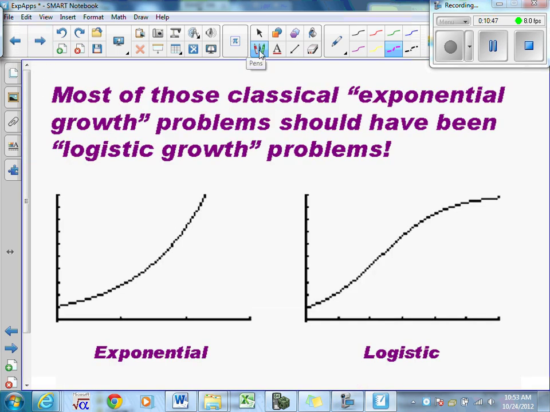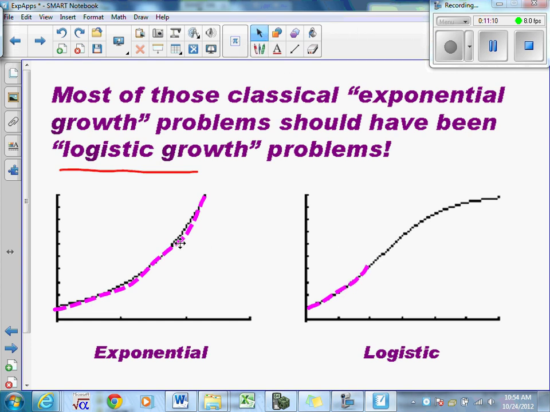Most of those classical exponential growth problems should really be not exponential growth, but logistic growth. And you notice here, exponential growth starts off and then just continues to ramp up. Notice logistic growth. It starts off very similar.